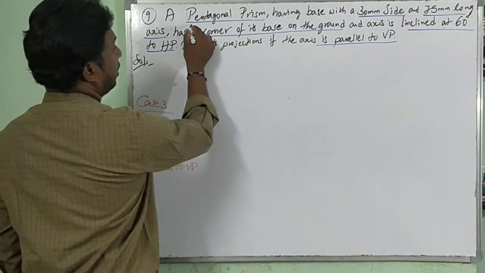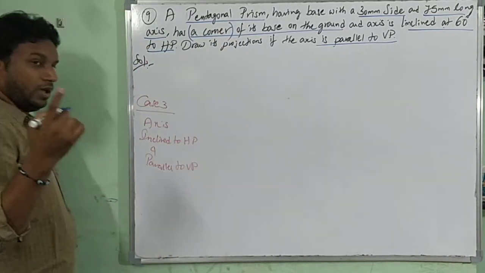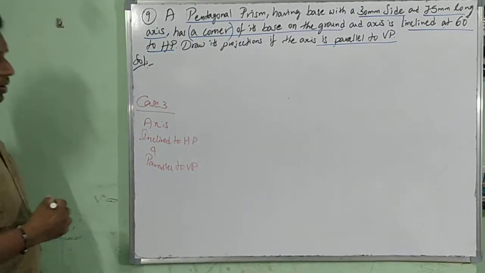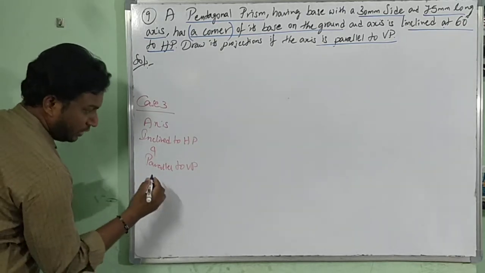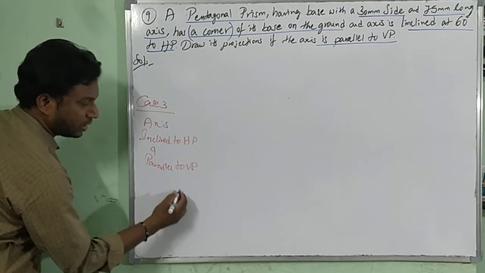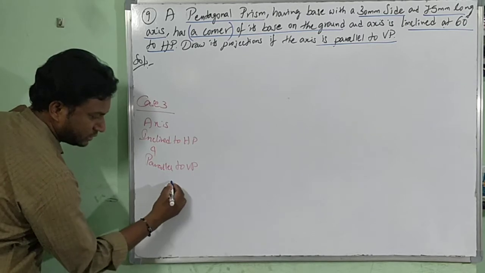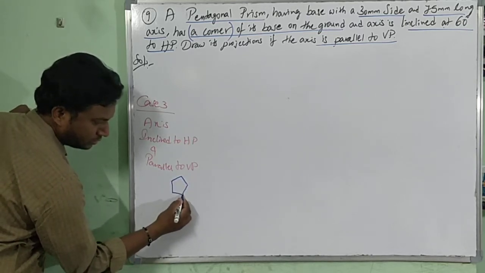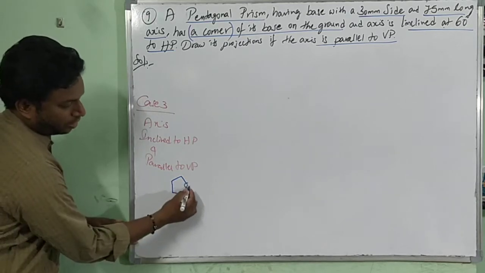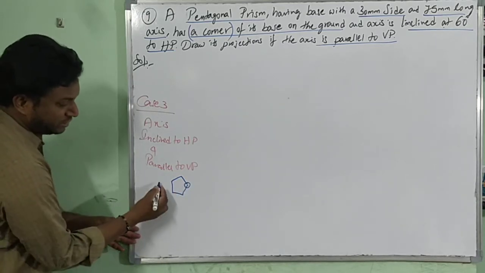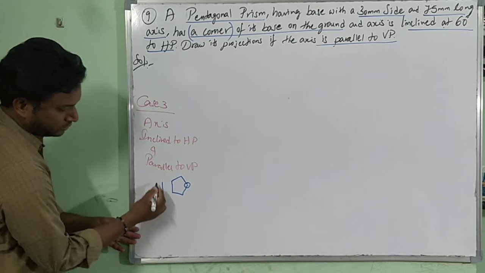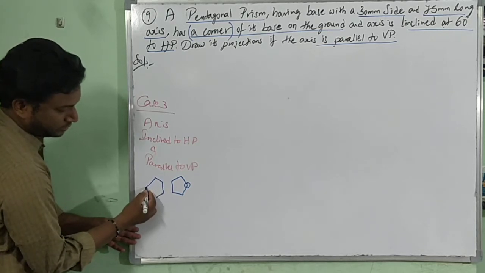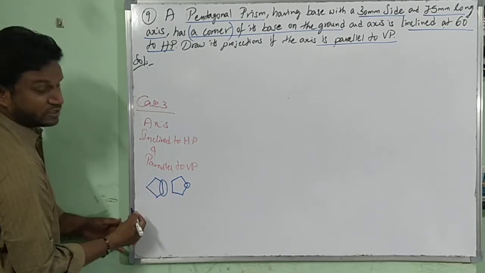Now corner, edge: the problem is different, corner problem is different. Right? If I have to draw, the corner should come to the right side. See this. Corner should be right side. Edge means the edge should be right side.